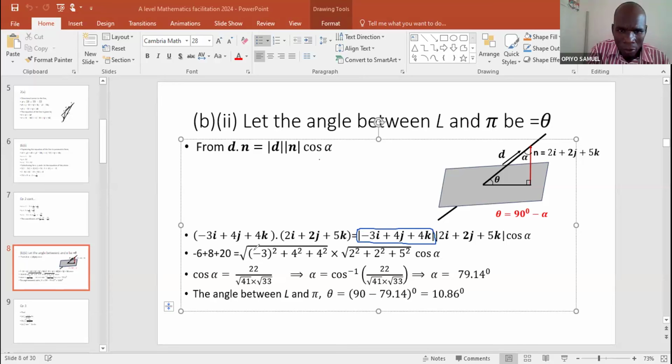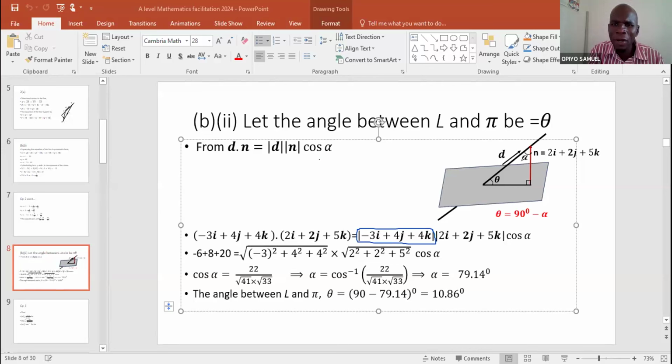If not, you will enter -3 in your calculator and then put squared outside, which squares only the 3, which means the negative has not been squared. When you are pressing in the calculator, make sure if it is a negative number, you put it in brackets before you square it. This is a common mistake that students usually make. So we have -3 squared plus 4 squared plus 4 squared. Then you do the same for this one. We shall have 2 squared plus 2 squared plus 5 squared.